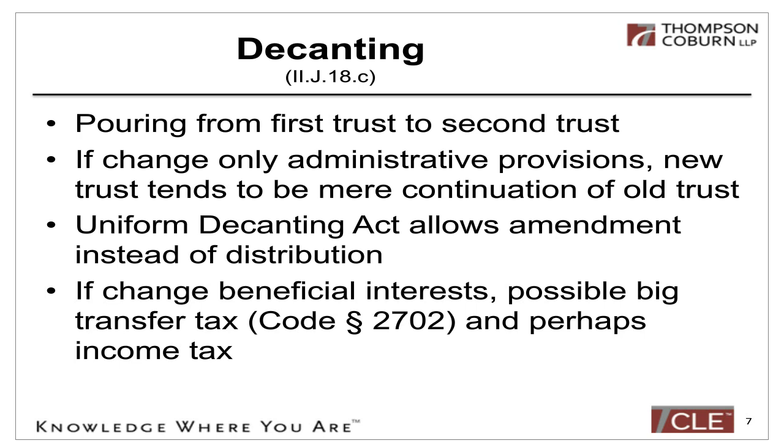The trustee was also able to make a distribution for the benefit of the beneficiary. Therefore, the trustee was able to distribute from the existing trust to a new trust for the benefit of the beneficiary. So that's where decanting has its origins, in that case. So it's really an exercise of the authority to make distributions.